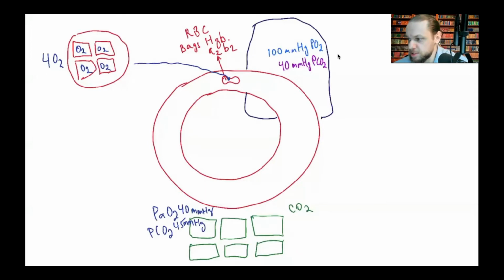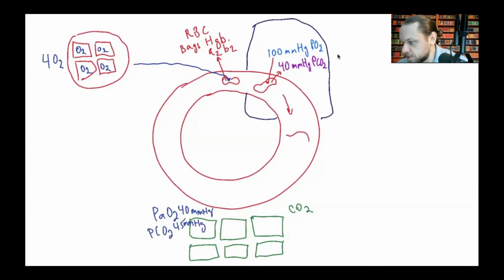So as the red blood cell flows into your lungs, it's going to pick up oxygen and it's going to offload CO2 here. And as it makes its way down, once it passes through the lungs, it has 95 to 100 PO2. And as it passes through the lungs, it has 40 PCO2.